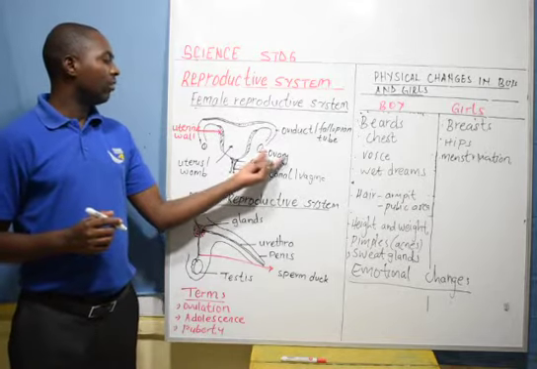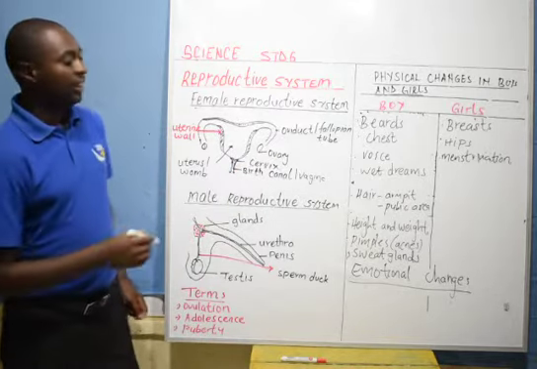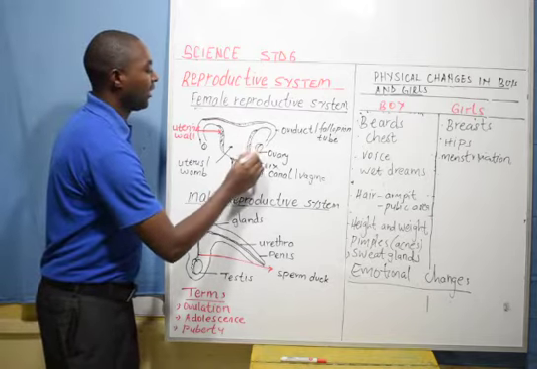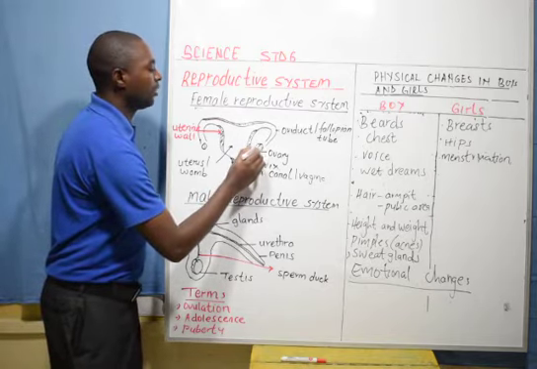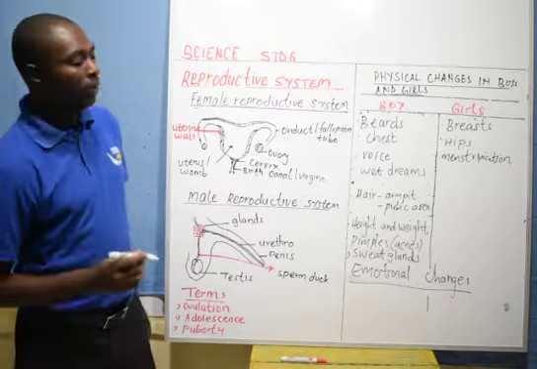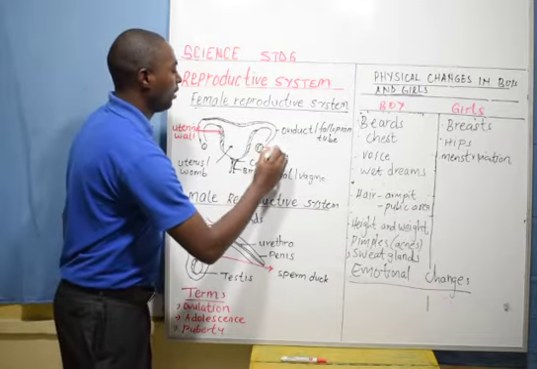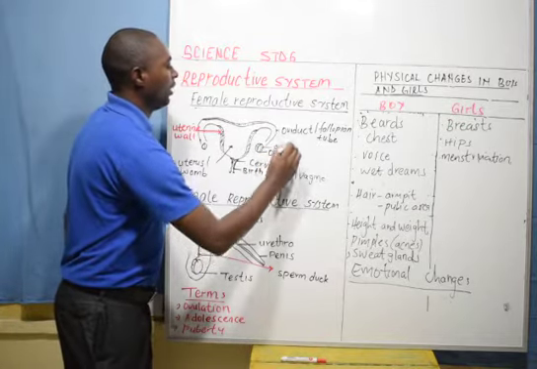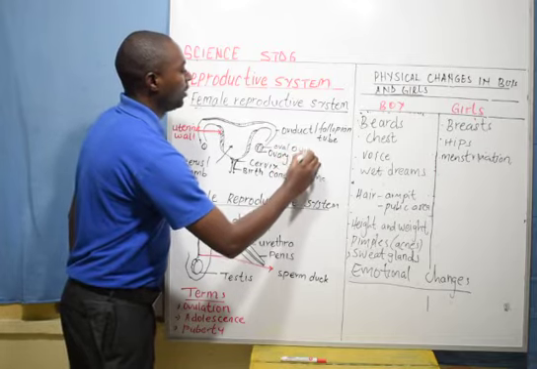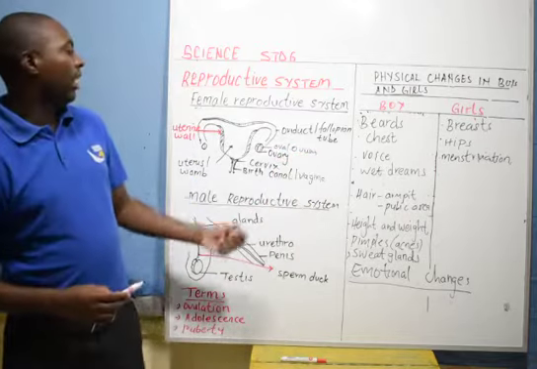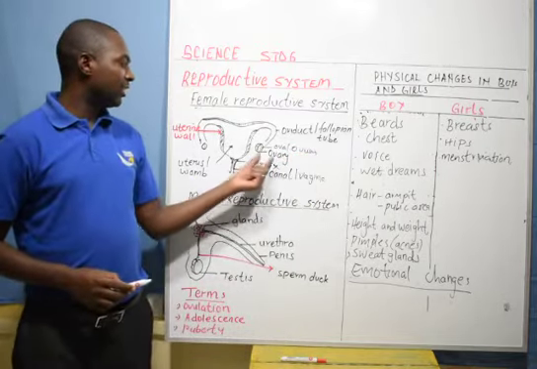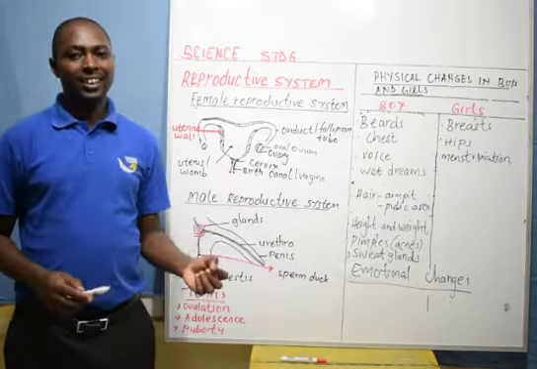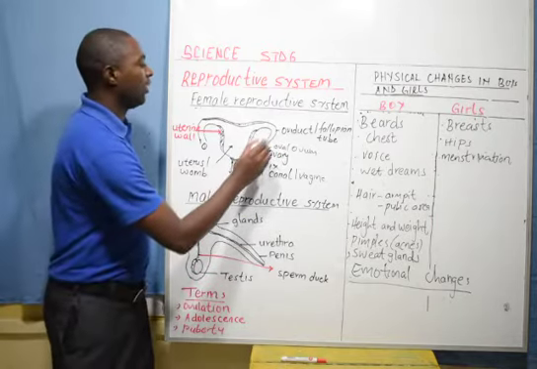Here is the ovary. The ovary is an organ that contains millions of cells, known as ova in plural, and in singular, one of them is known as an ovum. After every 28 days, one of the ova matures and is released as an ovum.